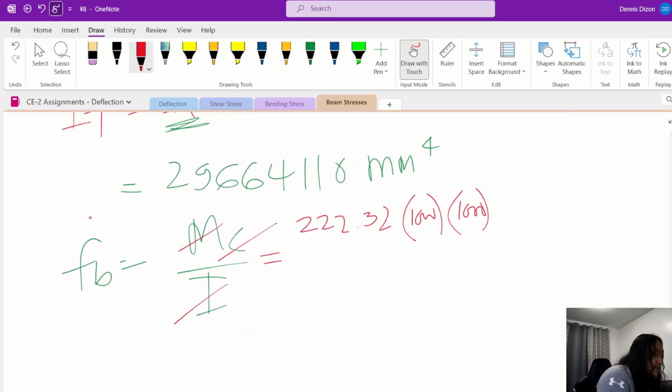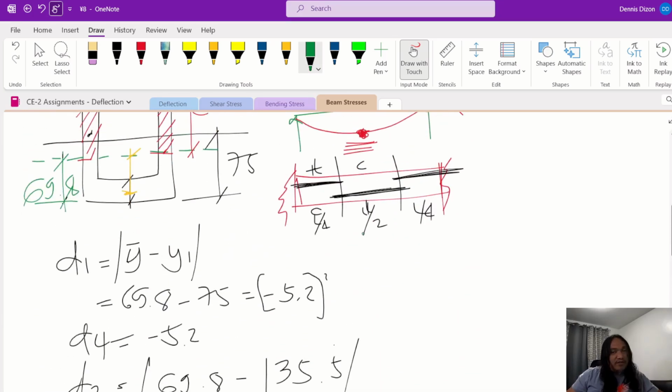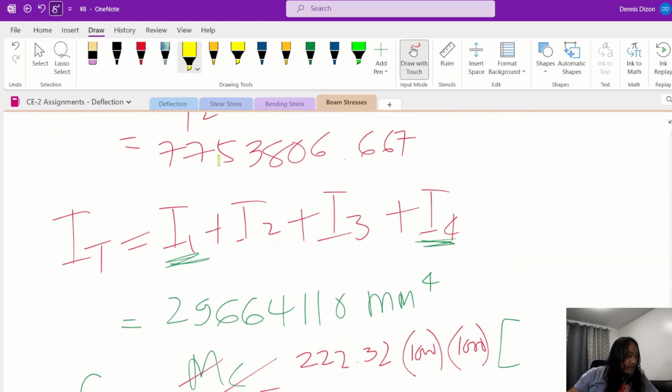And then times your C. Your C again, since we are at positive bending, located near the center of the beam, we will use the distance from the neutral axis to the outermost compression fiber, which is 80.2.